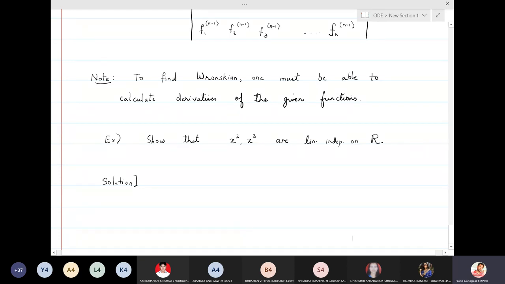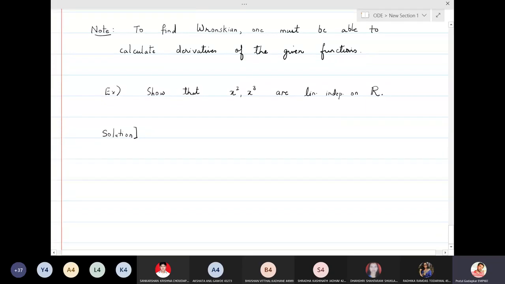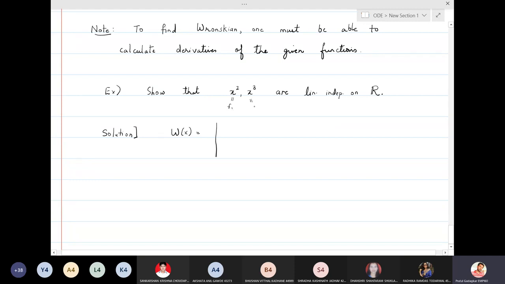Now we are trying to do it by the Wronskian method. So what is the Wronskian? We have two functions. This function is f1, this function is f2. The Wronskian has f1, f2 in the first line, and the second line is the line of derivatives, f1 dash, f2 dash.